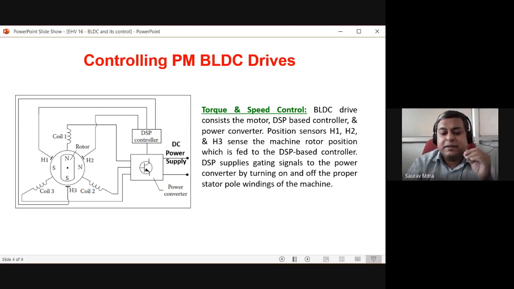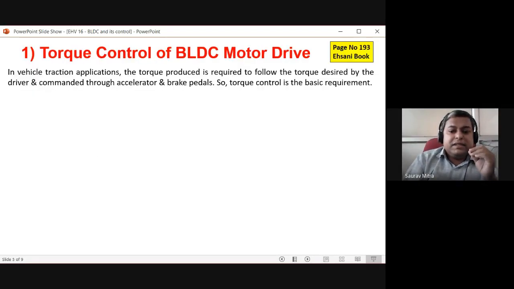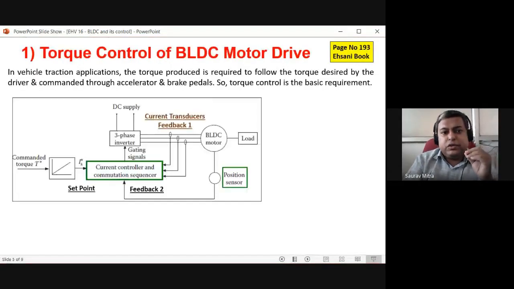So let us see what is meant by torque control. Okay, the same thing I will be repeating. Here is a better kind of diagram. In vehicle traction application, traction means running of the vehicle, the torque produced is required to follow the torque desired by the driver.